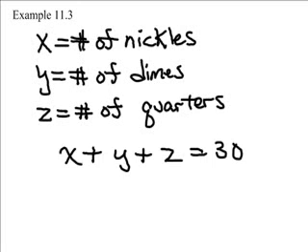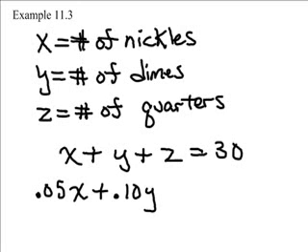So if each nickel is worth 5 cents, I'm going to use decimals, because if you want to, you can do 1/20th of a dollar, but I think it gets a little more complicated, so I'm going to go to decimals. Each dime is 10 cents, and each quarter is 25 cents.